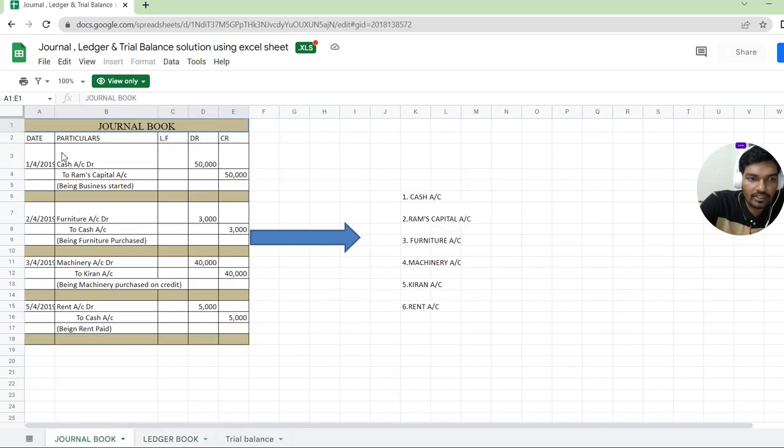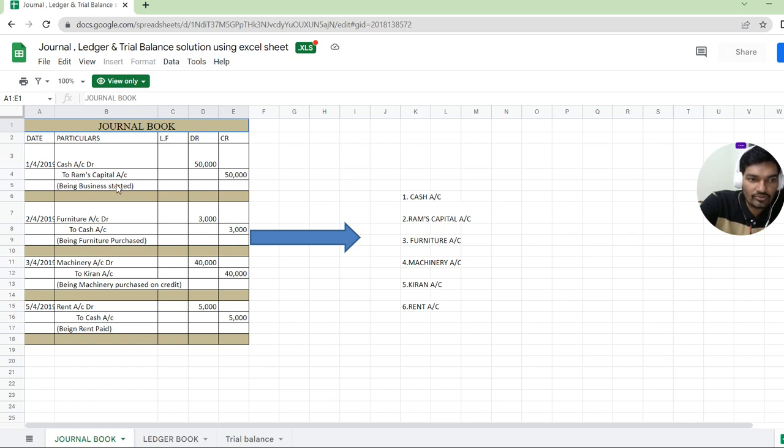According to this journal entry, cash account is the first account. So go to cash account, on the debit side we should write 'To Ram's capital account'. After this posting process, go to Ram's capital account, on the credit side we should write 'By cash account'.